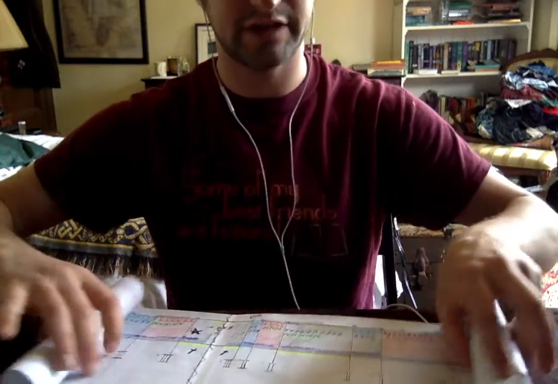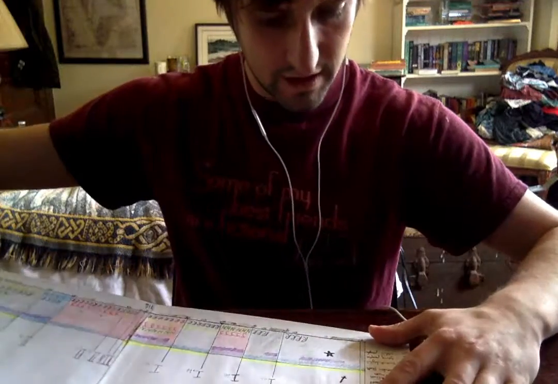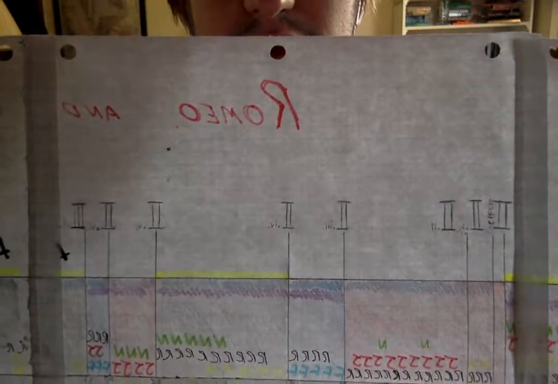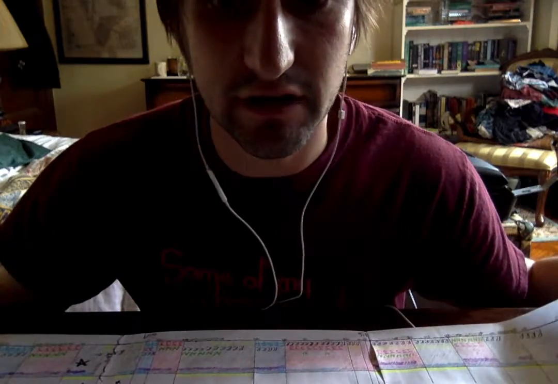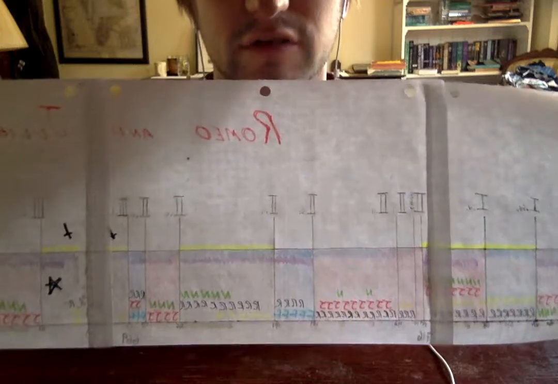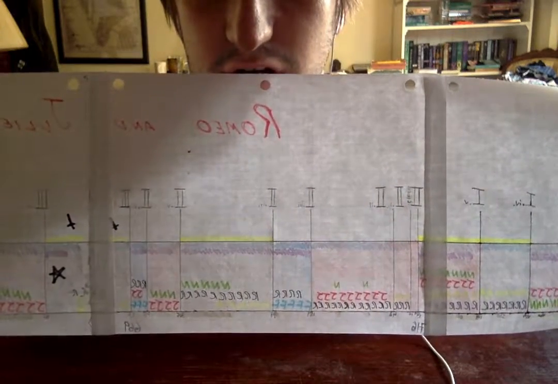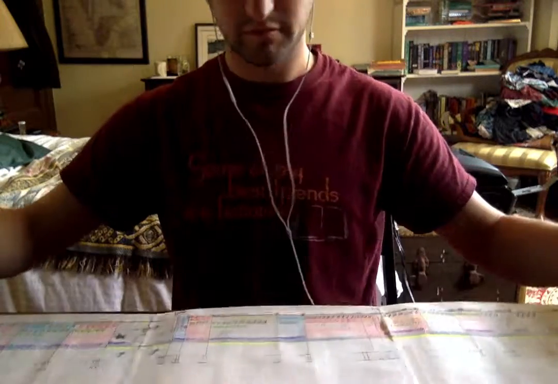So, the way that you dissect a play, you take a piece of ruled paper like this, and each line on the paper is 20 lines of play text. So you draw, as you can see, lateral lines along the bottom, showing how many lines of play text there are.